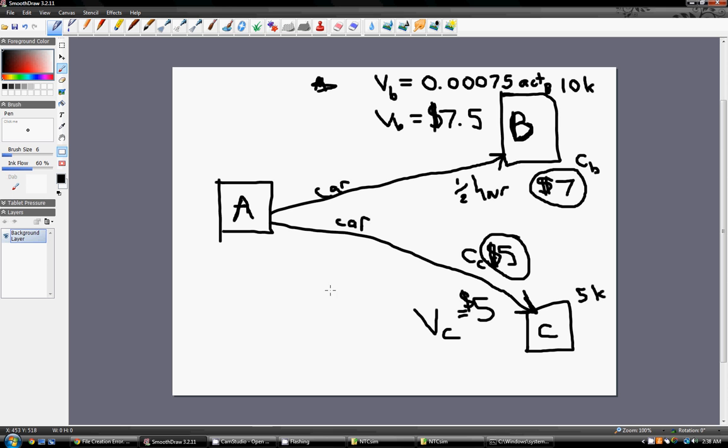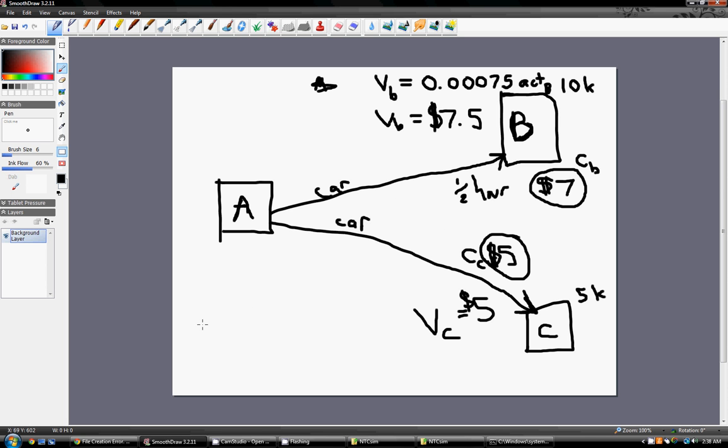Okay, so if there were only two destinations, B and C, we know the value of each of the destinations, and we know the cost of getting to each of the destinations, assuming for the moment just one mode. And so we can use this information to get the net value, that is the intrinsic value of the destination minus the cost of getting there, for each destination.